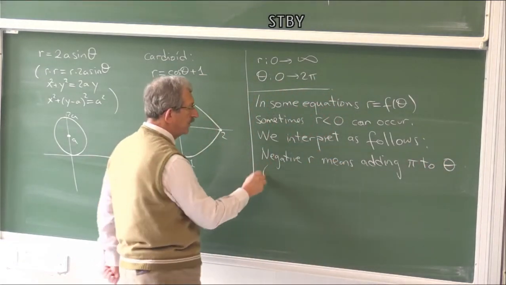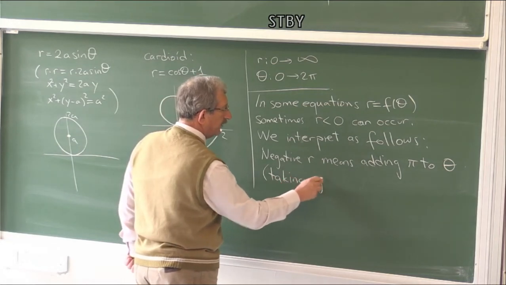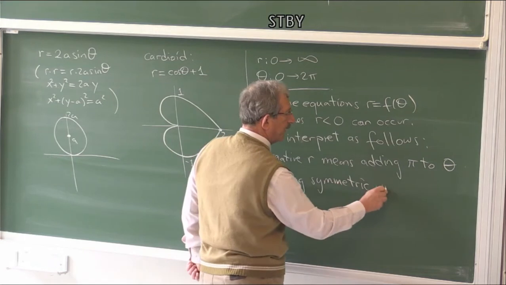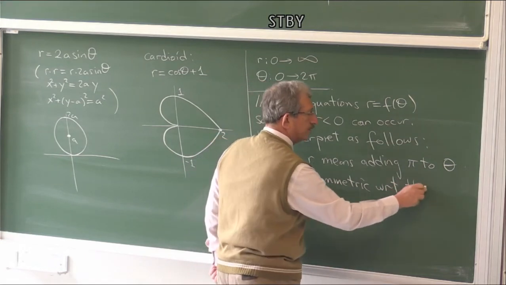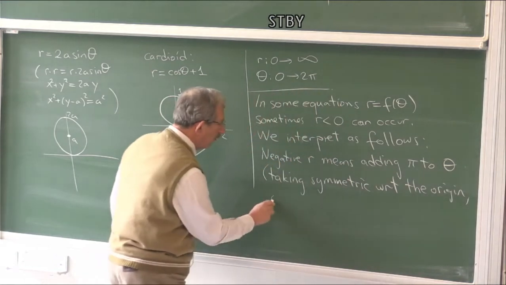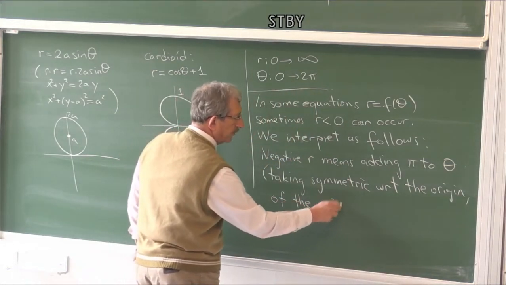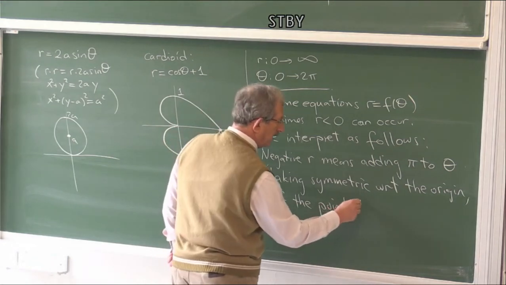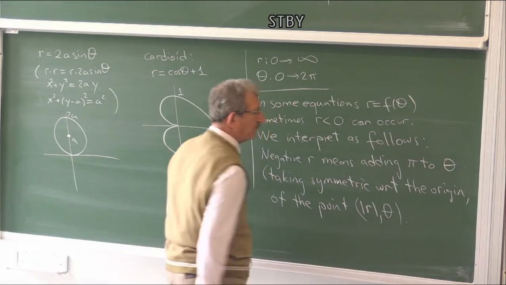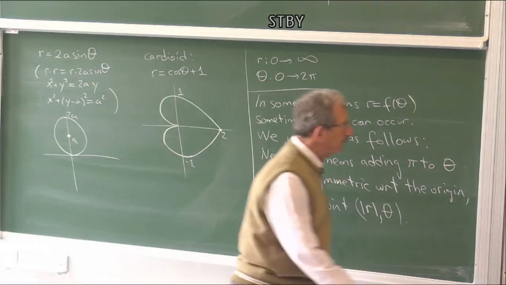In other words, taking the symmetric with respect to the origin of the point with absolute r and theta. This means the following, of course.